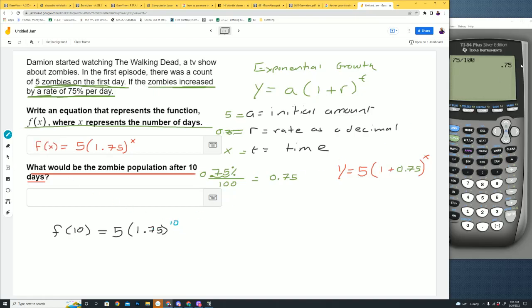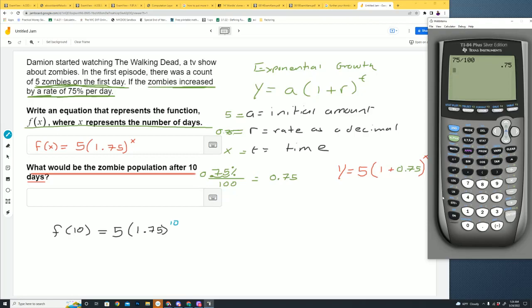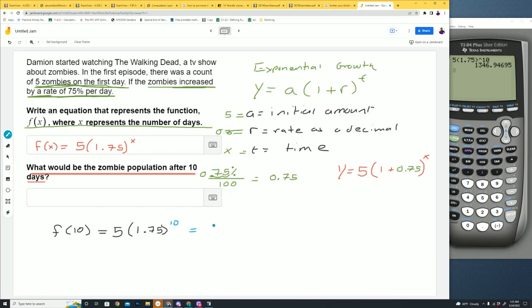Now, I don't expect anyone to know how to do 1.75 to the 10th power off the top of their head, so we just go to the calculator. If you want, you could just put this whole thing in, just as it is, 5 times 1.75, use that little caret key, to the 10th power, and that gives us 1,346.94.